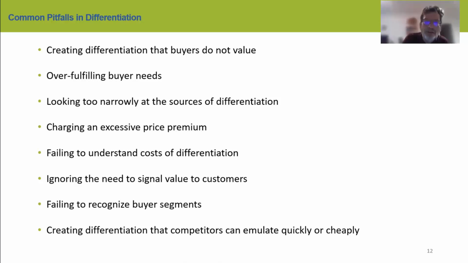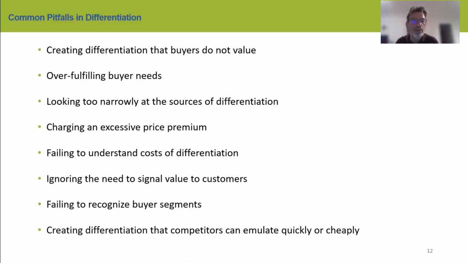We ignore the need to signal value to customers, because we have to explain to the customers what is the value that we offer. We fail to recognize buyer segments, creating differentiation that competitors can emulate quickly or cheaply.